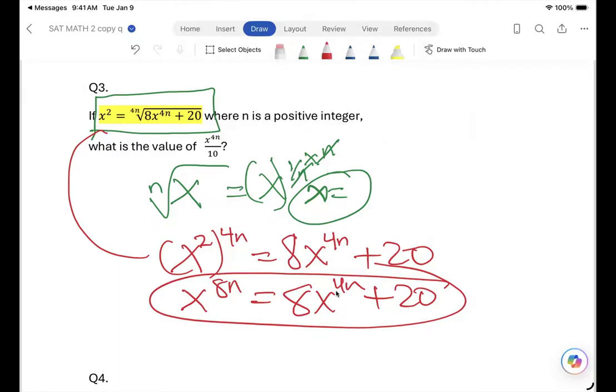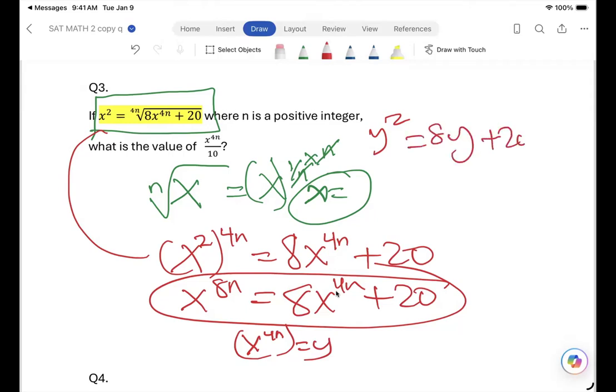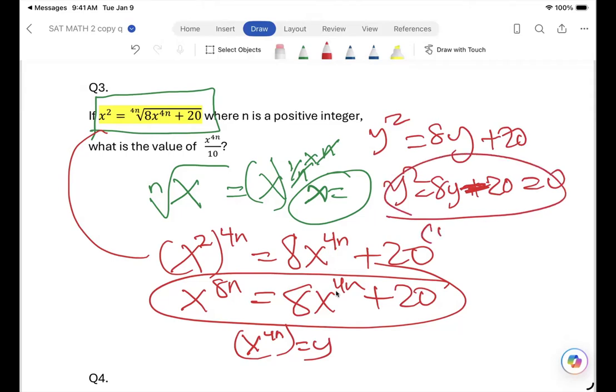When you use the algebra, you can just basically make x raised to the 4n as maybe y. And this becomes y squared equals 8y plus 20. And you have y squared minus 8y minus 20. And you can factorize it: y minus 10 and y plus 2.